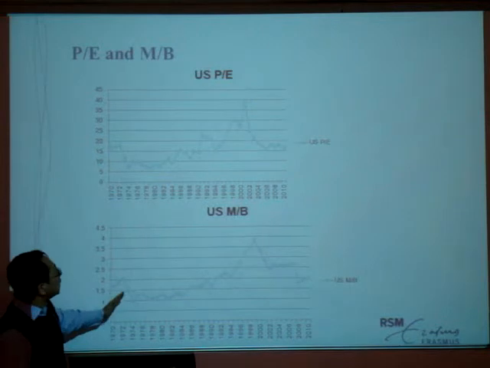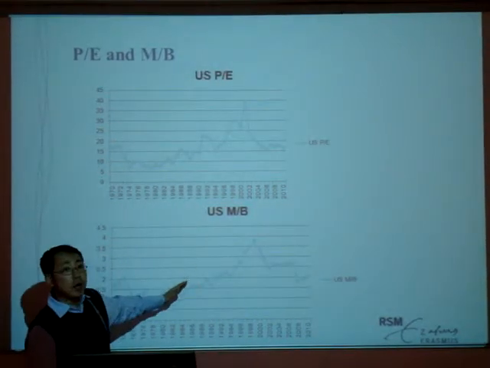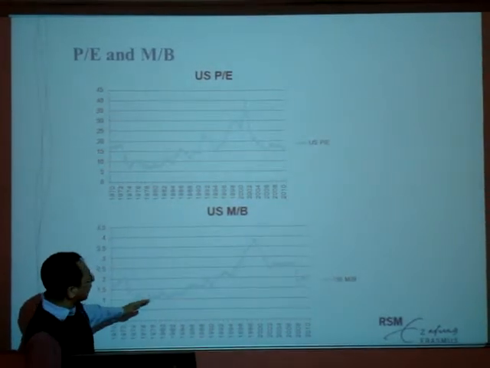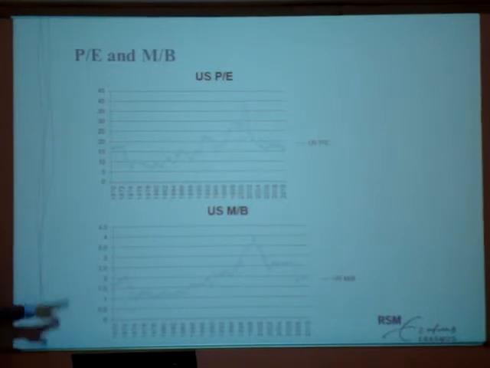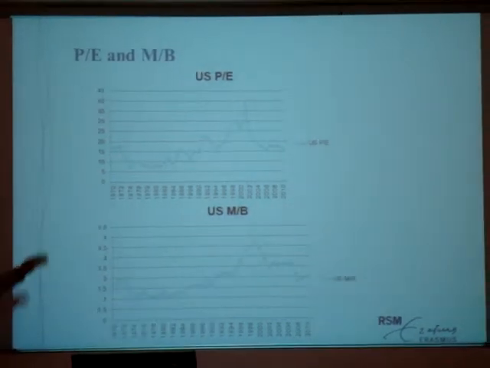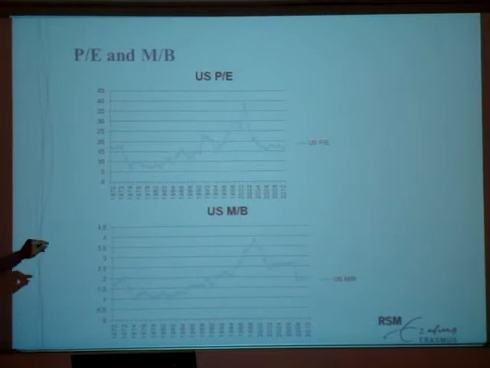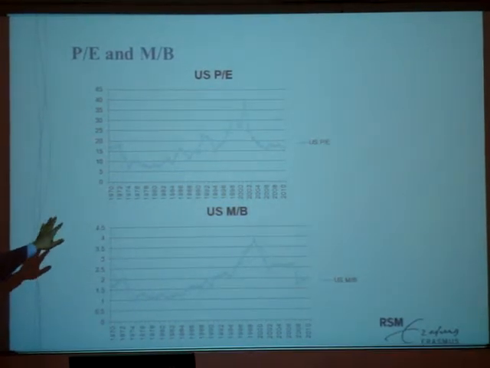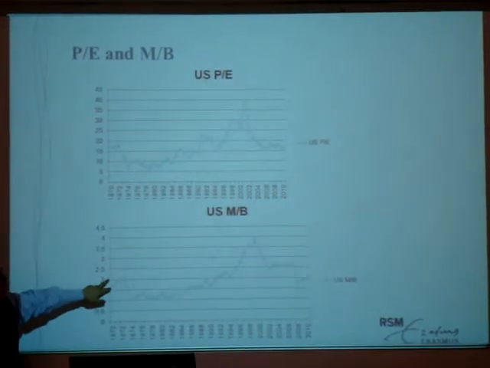We can see a highly increasing trend in valuation from the 1980s to the 1990s, even into the 2000s. The peak PE is around 40 for the whole market. I'm not saying for individual stocks. For the whole market, it's around 40 as a peak, but now it's about 15 to 20. For market book, it's around 1.5 to 2.